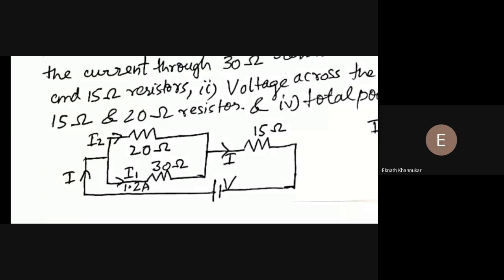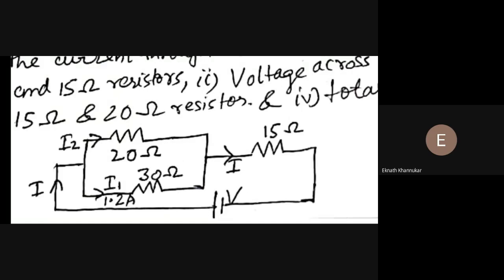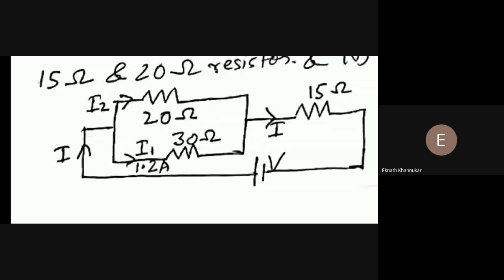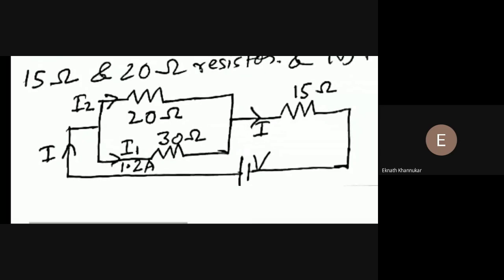What you already have, can you see from this, just from this diagram, I'm just asking you that you have 1.2 ampere as I1 flowing through 30 ohm resistance. That means already we have got what? Resistance. Voltage. Right, voltage. Because you see voltage is V equals to IR.